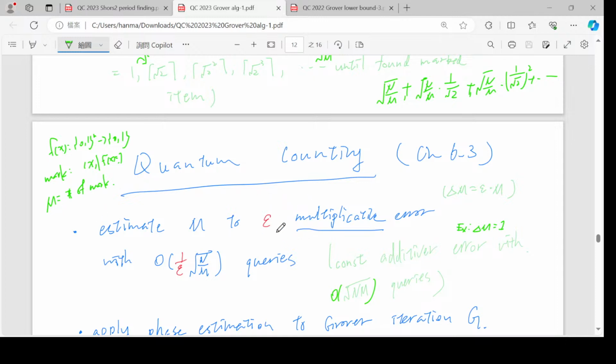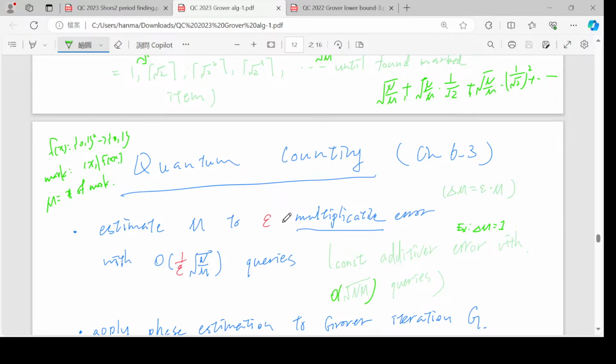And here we parameterize the error by multiplicative error. That means we allow the error in the number of marked items to be epsilon times the actual number of marked items. So delta n equals epsilon times m, and this delta n is the additive error.